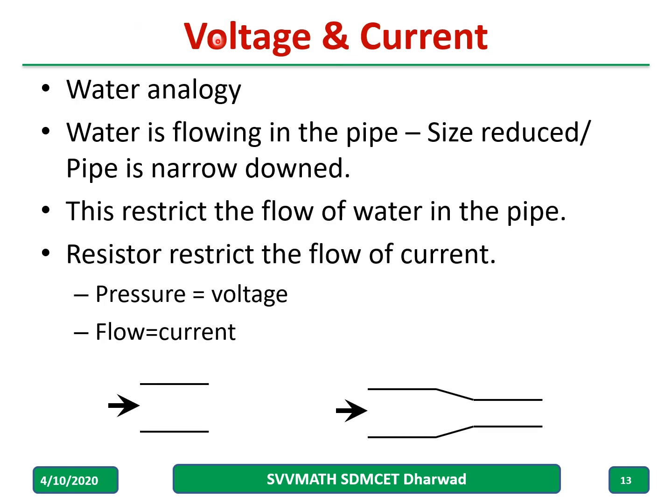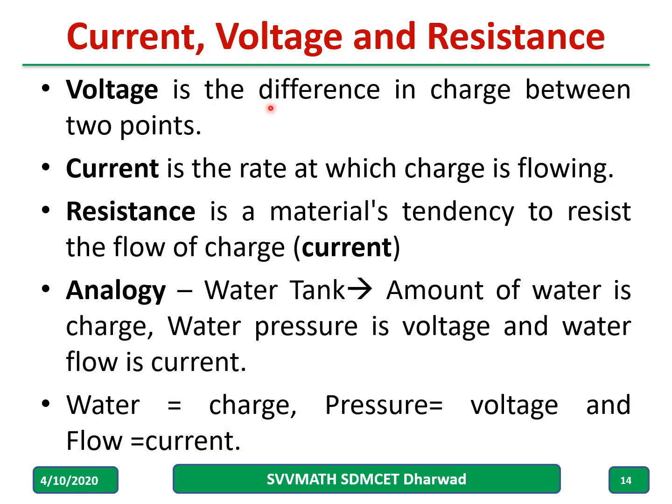In many books and websites, to discuss voltage and current, they give a water analogy. Water is flowing in a pipe. If you reduce the size and the pipe is narrowed down, then automatically there will be a pressure. It is nothing but a voltage. The flow of water is nothing but a current. Voltage is the difference in charge between two points.